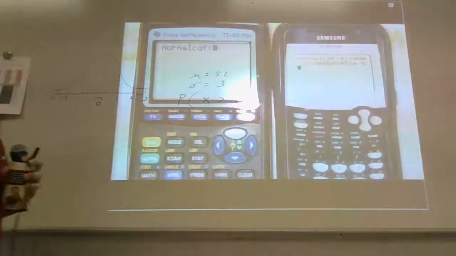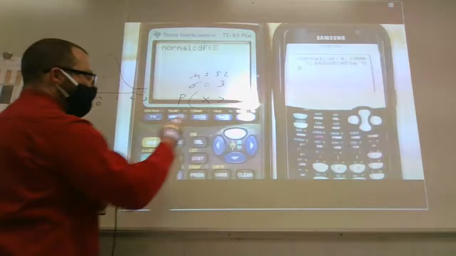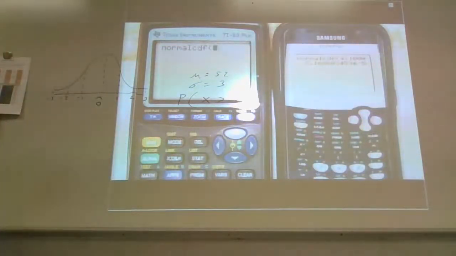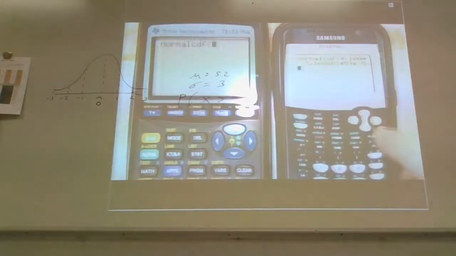I'm making that up. Now, in the context of the problem, they're giving you the mu and the sigma, so I would literally type those in for mu and sigma in the interface, whatever the mean is. So 52 and 3 in this case.